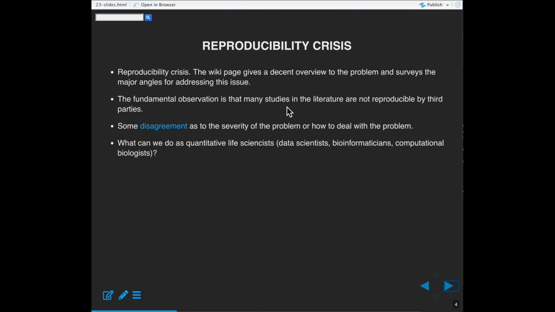Now, I think that because we move faster, because there's more people doing science, it's maybe perhaps more brought into the light. On the other hand, I think that there are novel aspects of science that make reproducibility more difficult.